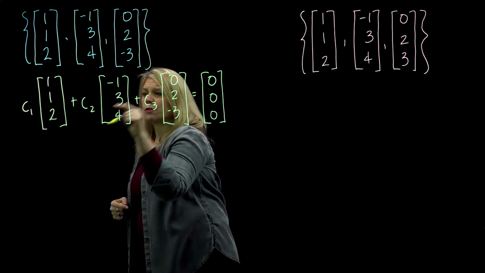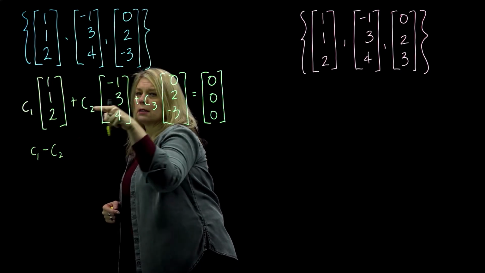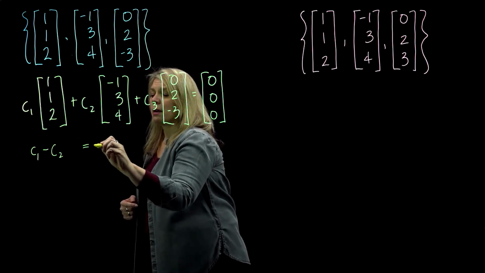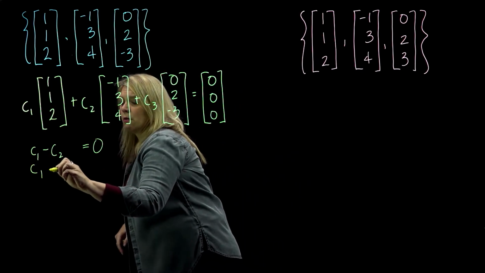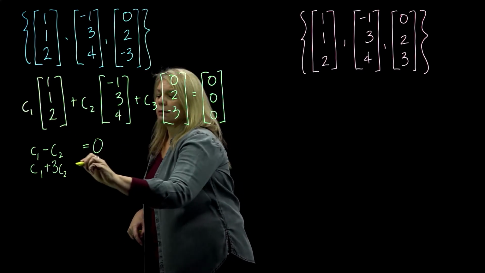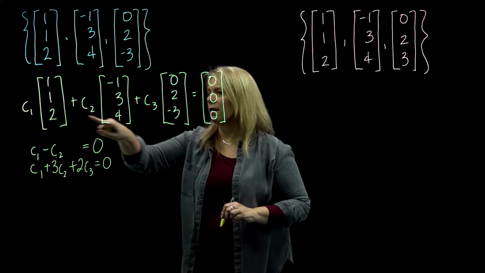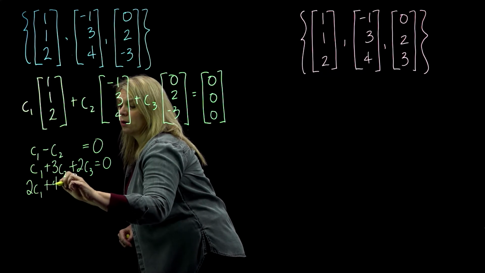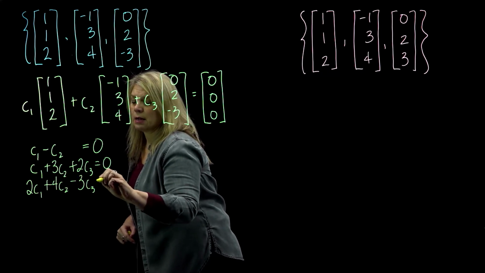For the first entries, I would have C1 minus C2 plus 0 times C3, so no term there, equals 0. For the second, C1 plus 3 times C2 plus 2 times C3 equals 0. For the third entry, 2C1 plus 4C2 minus 3 times C3 equals 0.